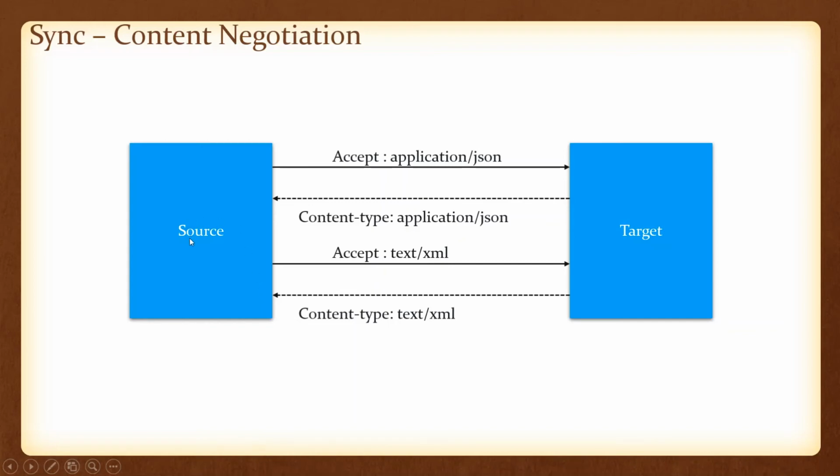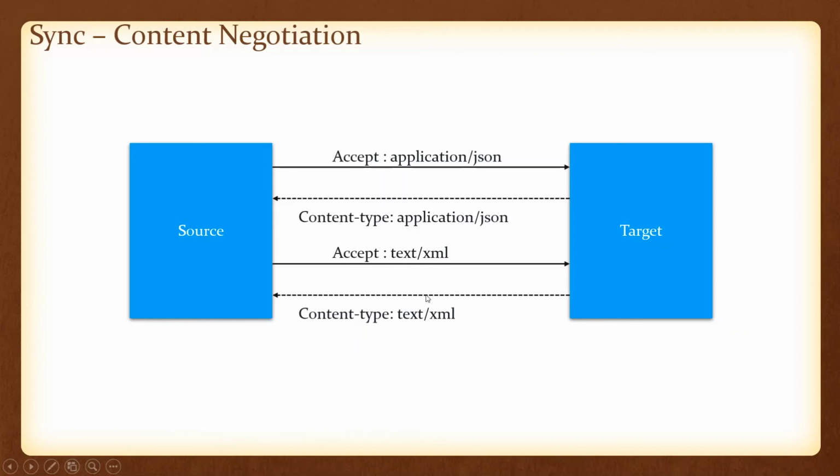So how do we implement this? The source can use the Accept header and send the media type that it's interested in, like here it's interested in application/json. Depending upon the Accept header, the target system will return a content type of application/json, and again, based on Accept type XML, it will return the XML type.